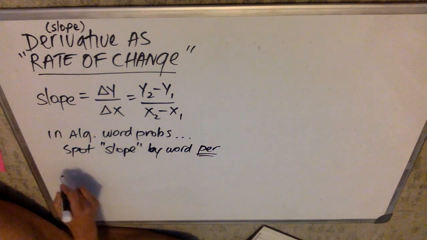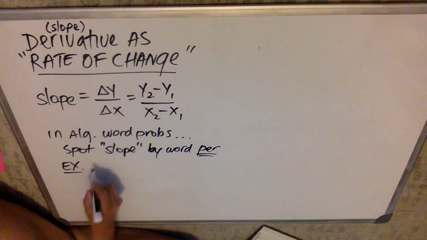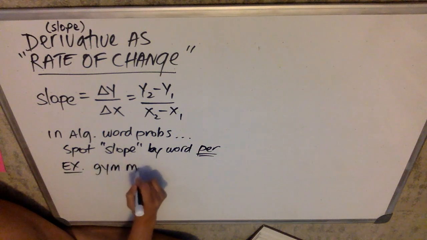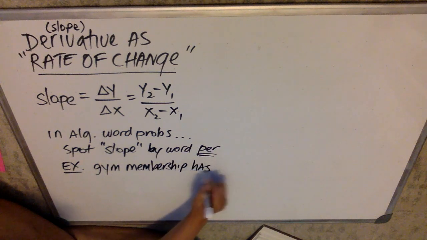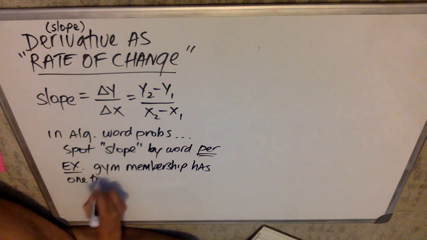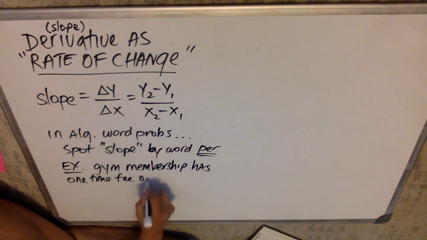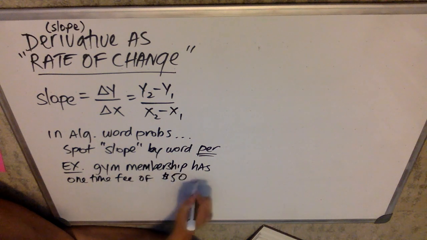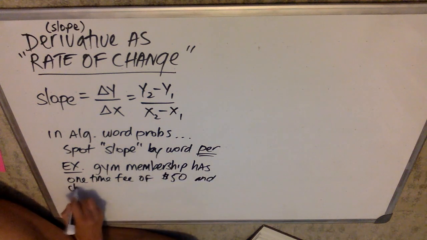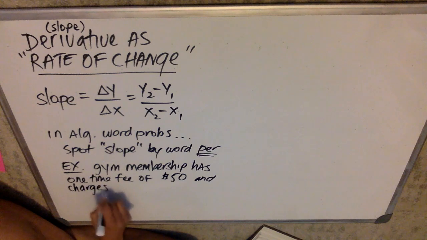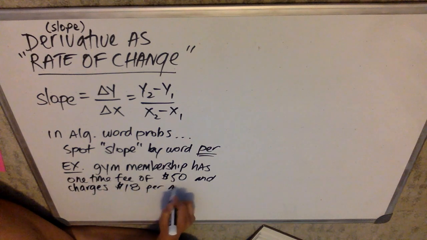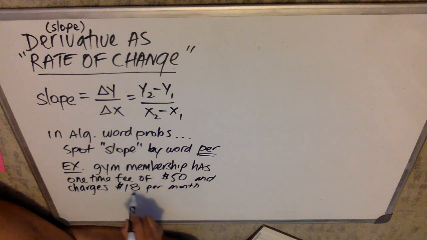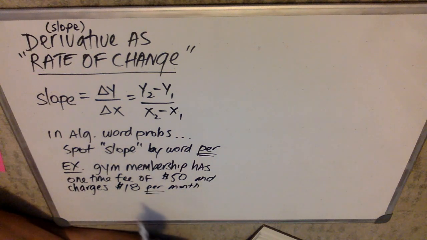For instance, as an example, if I said a gym membership has a one-time fee of $50 and charges, let's say $18 per month, you can spot the slope by the word per.